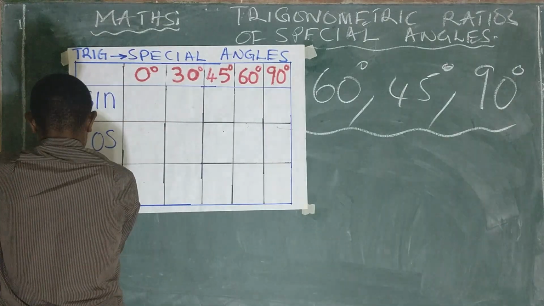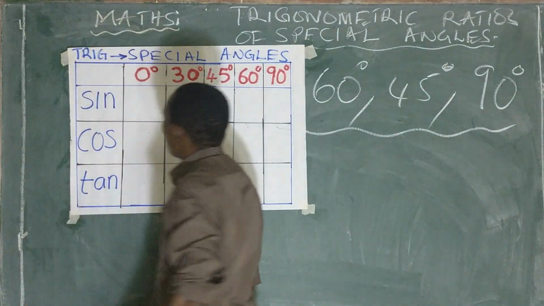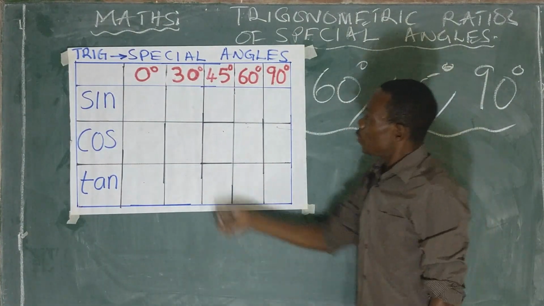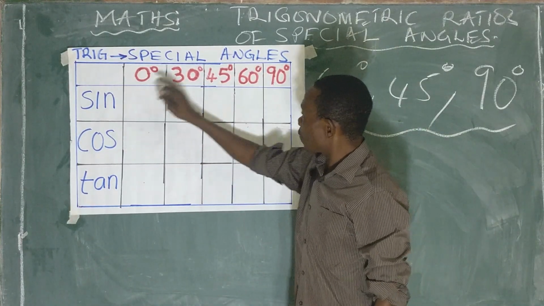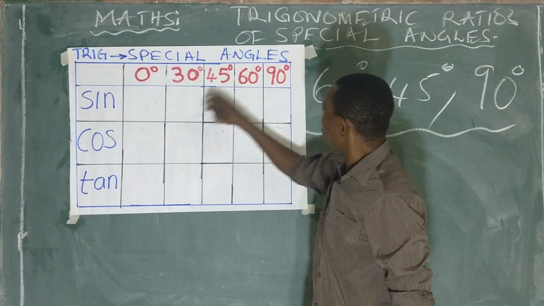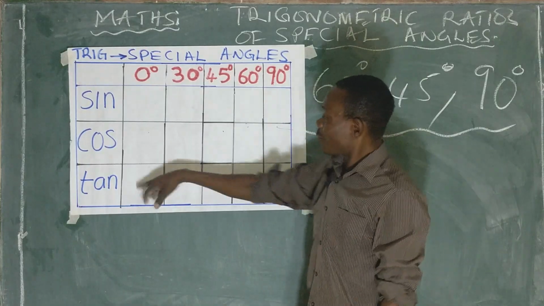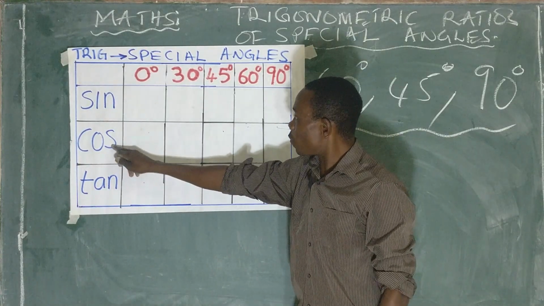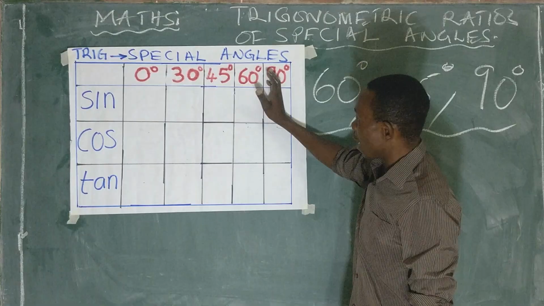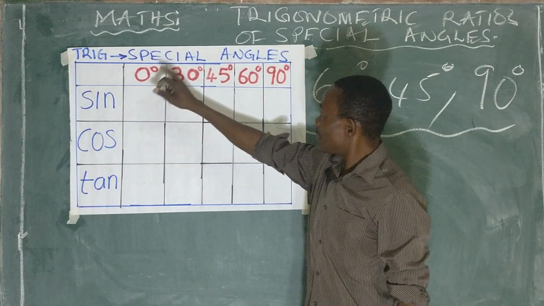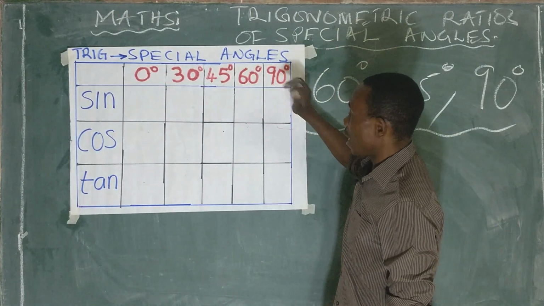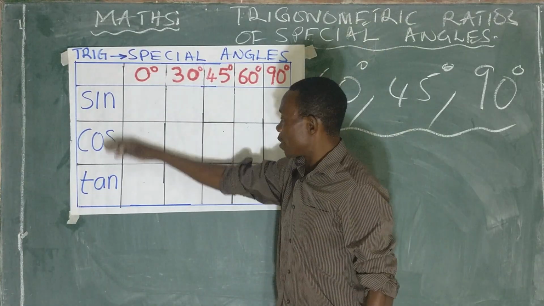I'll give you direction of what we're going to do. We need to find the sine of 0 degrees, sine of 30, sine of 45, sine of 60, sine of 90. Then we're also going to find the cosine of 0, and so on, and the tan of 0, 30, 45, 60, and 90. So we're going to fill all these spaces.